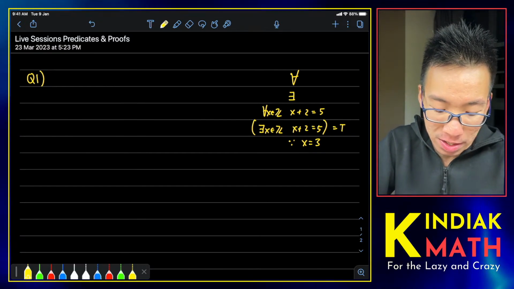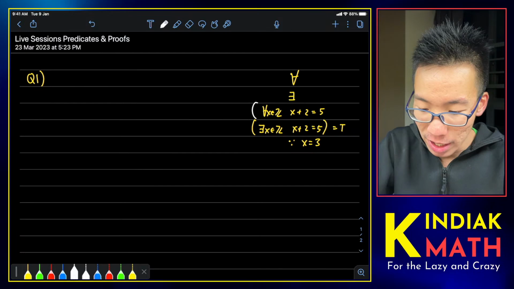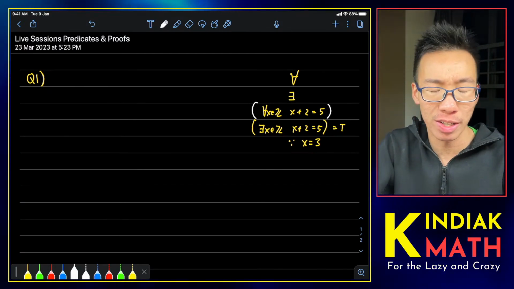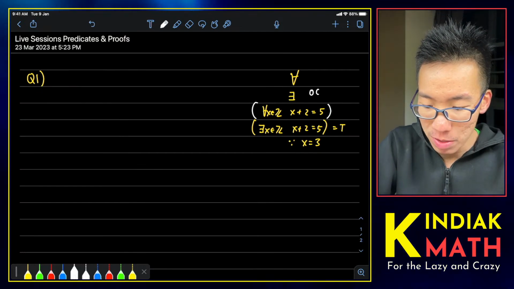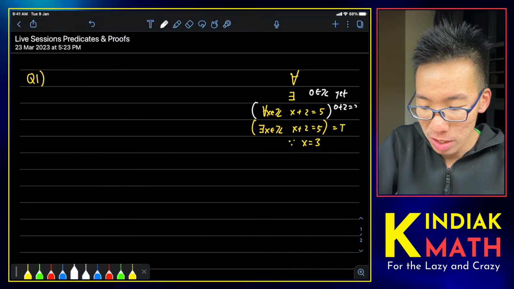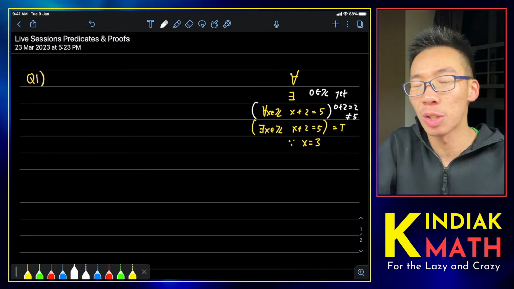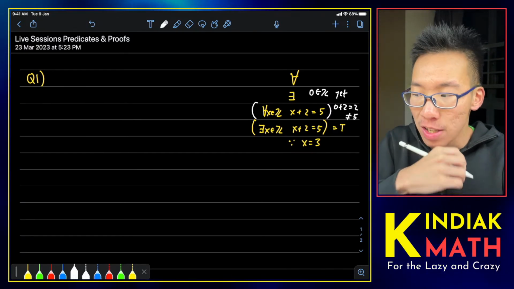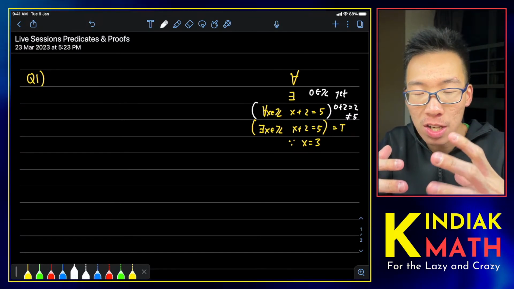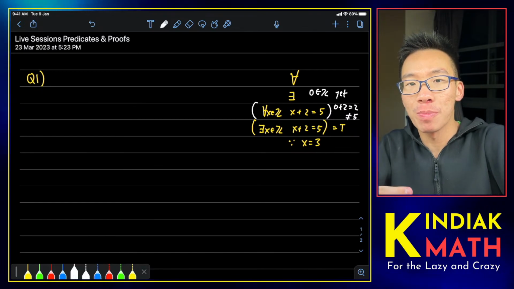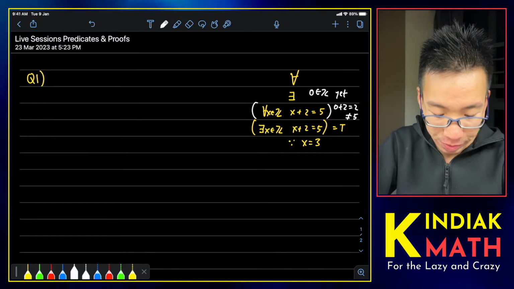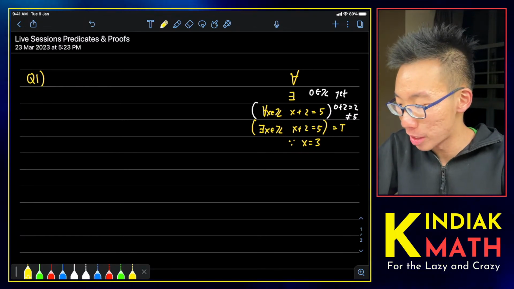And the proposition above is not going to be true because we can find a counterexample. 0 is an integer, and yet 0 plus 2 is 2, which is certainly not equal to 5. So predicates help scope our question so that we know what we're talking about, so that we can derive whether it's actually true or false.